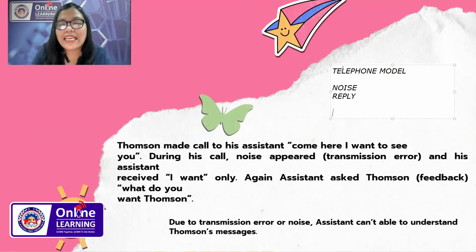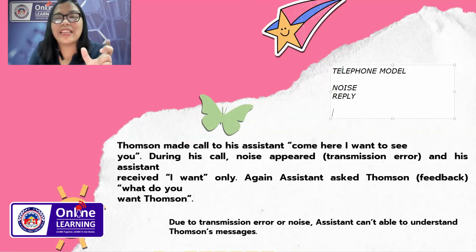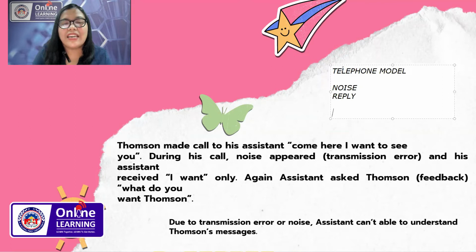There is a noise so the assistant or the receiver did not receive the message completely. So the telephone model shows that if there's a noise, the reply won't be complete also. Again, the focus of the Shannon-Weaver model is the noise and the reply, the transmission error and the reply of the receiver to the sender.